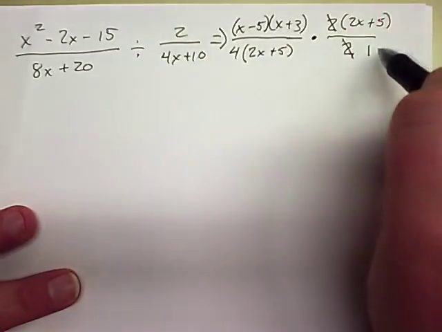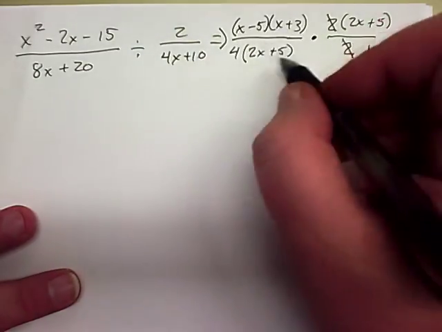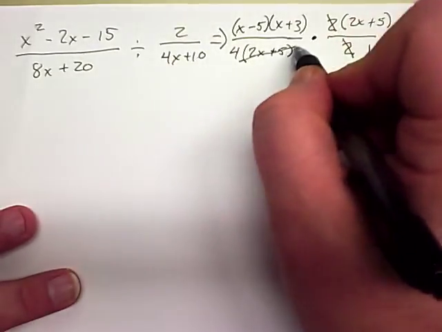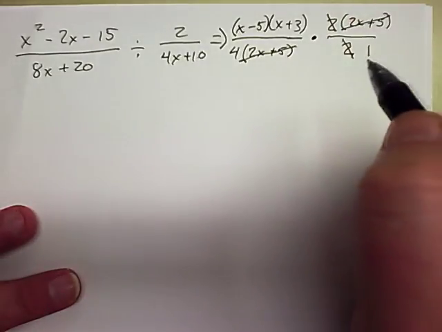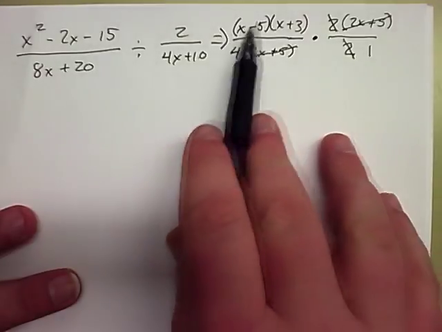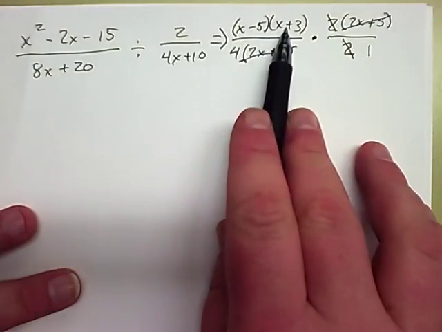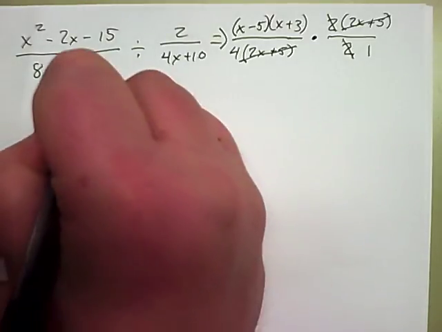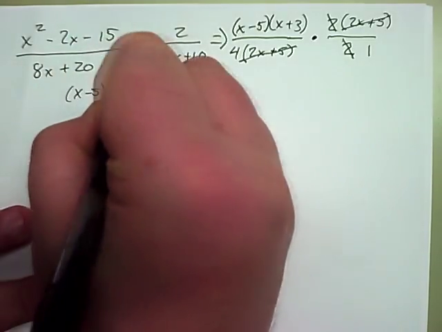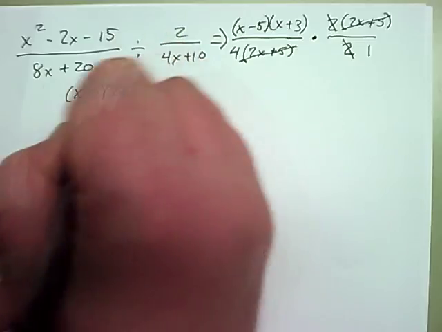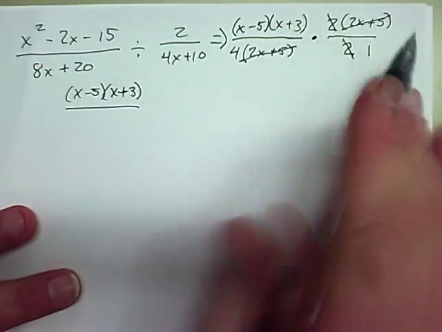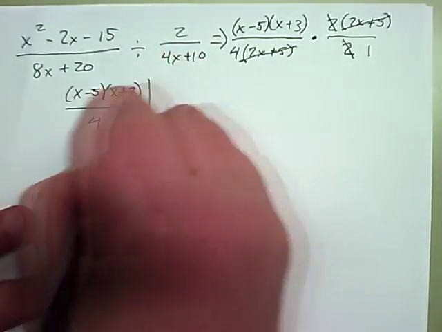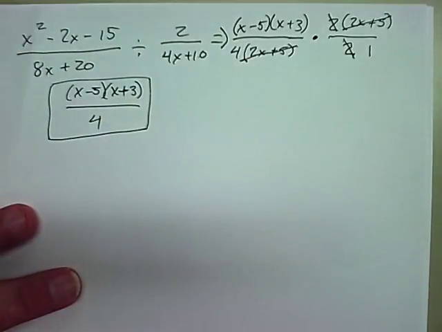No. X plus 3? No. I have a 2x plus 5 here and here, so I'm going to cancel that with that. And now my top, I have x minus 5 times x plus 3 times 1, so my numerator now is x minus 5 times x plus 3, over 4 times 1, which is 4. And that's as far as I can take it.